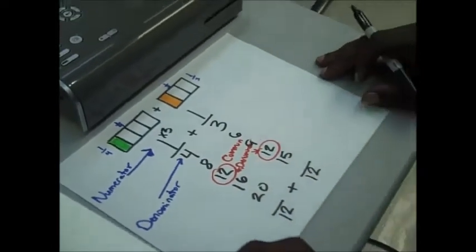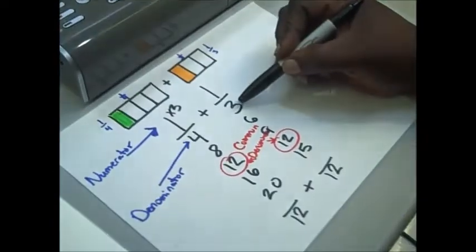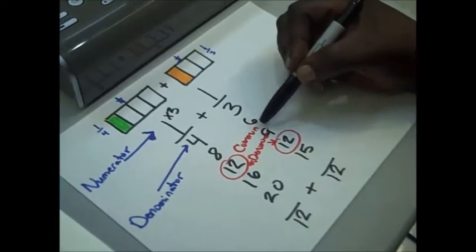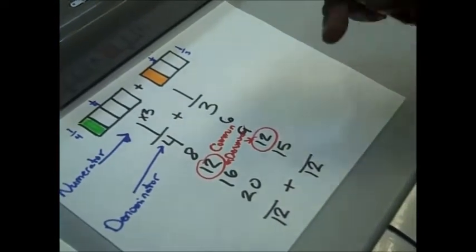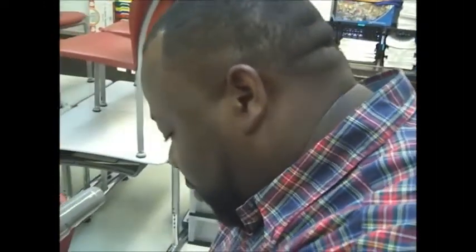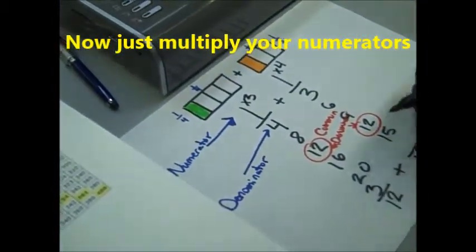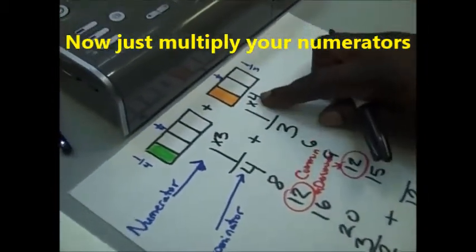So we'll multiply that numerator times 3. Then we'll go to the other side: 1, 2, 3, 4. So now all we have to do is multiply our numerators. 1 times 3 is 3. 1 times 4 is 4.